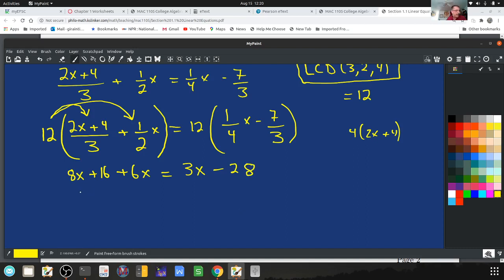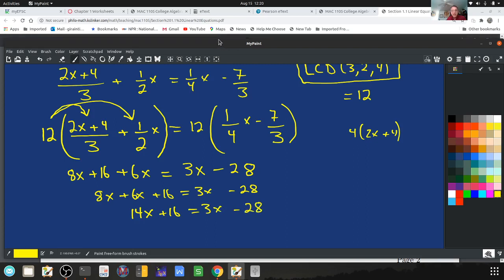So we have 8x plus 16 plus 6x is equal to 3x minus 28. So let's go ahead and collect like terms. 8x plus 6x plus 16 is equal to 3x minus 28. 8x plus 6x is 14x plus 16 is equal to 3x minus 28.